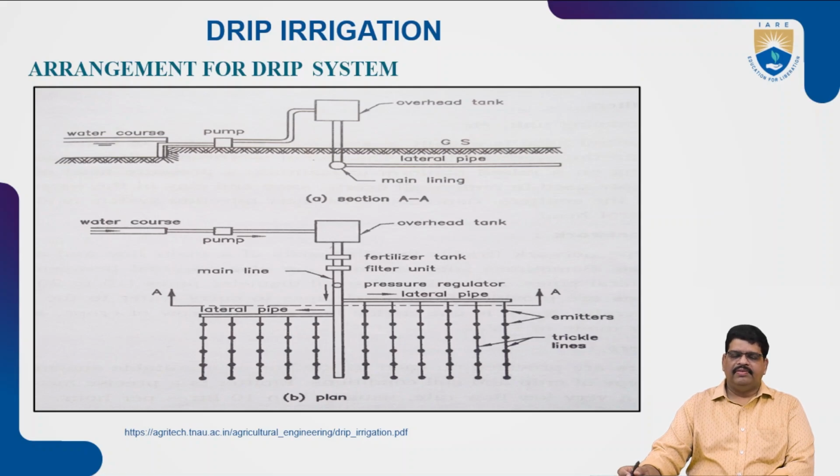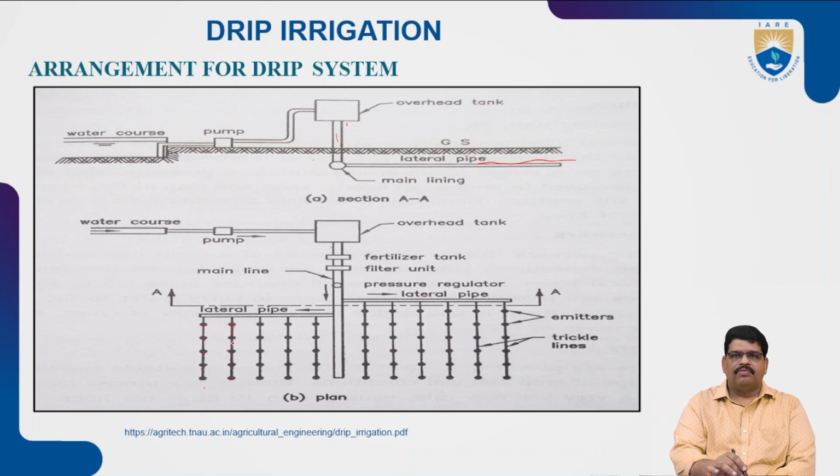The raw water is collected and, from the overhead tank through the pumping system, it is supplied through the pipes to the laterals. Here there is another section, where the water comes from the pump and also the overhead tank. There is the fertilizer tank, the lateral pipe, and the pressure regulator for the lateral pipes. These are the different points required.